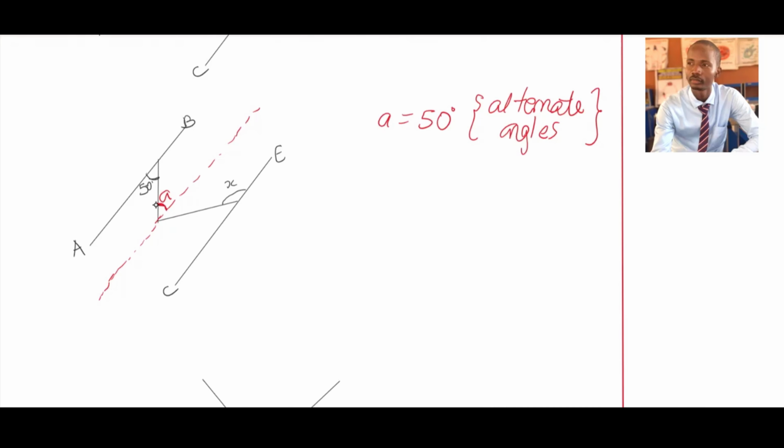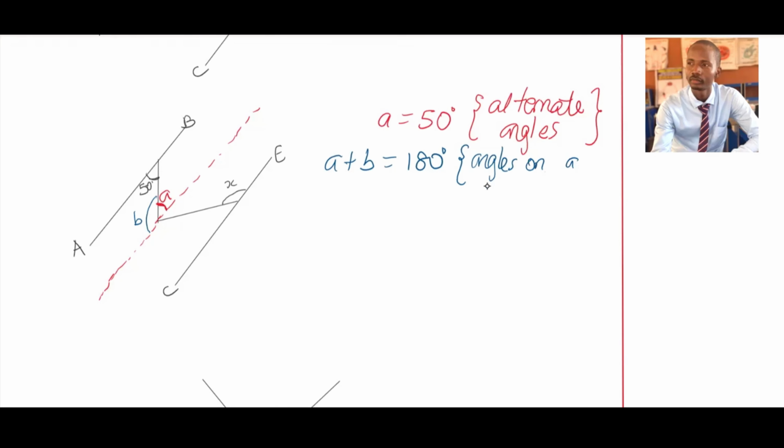Let me bring in B. Let's say this is B. If A is 50 degrees, we know that A plus B should give us 180 degrees because they are angles on a straight line, the parallel line that was introduced. So the angles on it are A and B. So A plus B gives 180 degrees. Let's have that written.